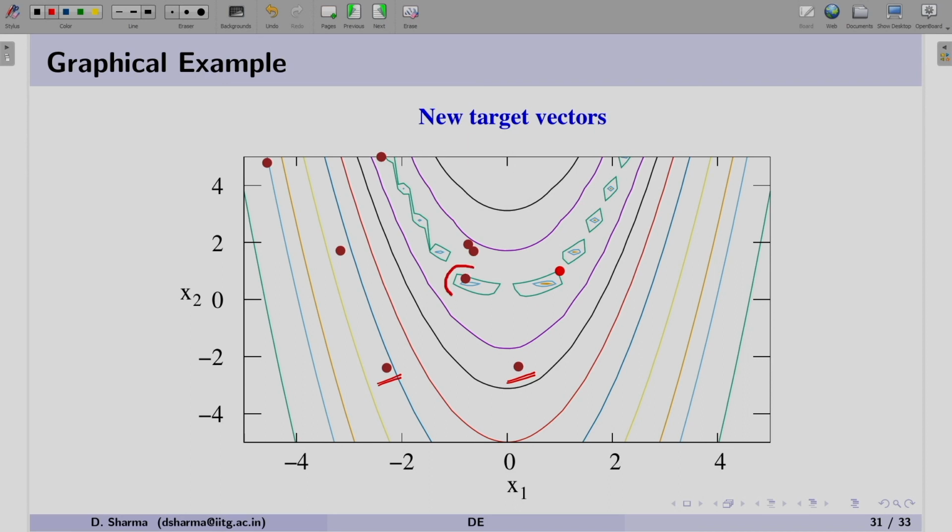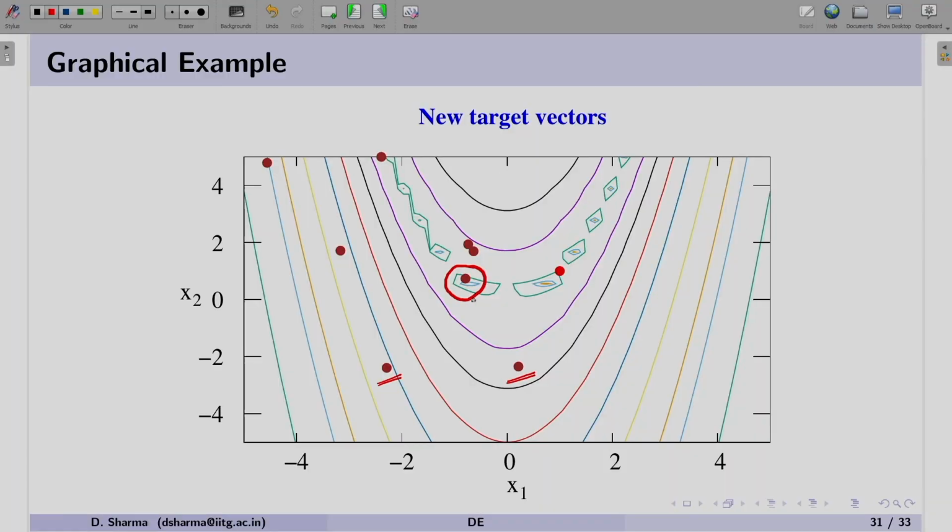Let us look at this particular solution. You remember that one solution had a fitness close to 4. It is because this particular solution, as you can see in the figure, is close to one of the local minima in this problem.